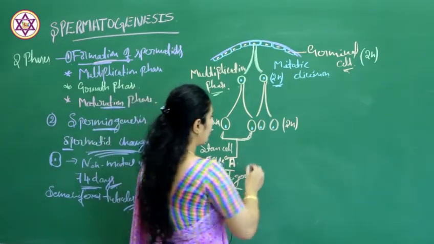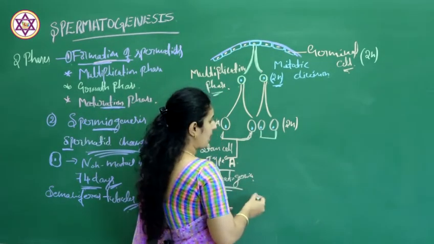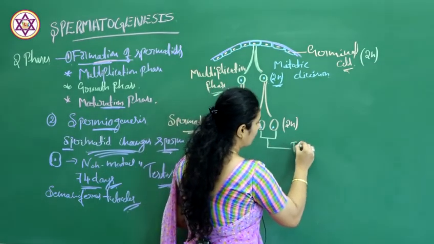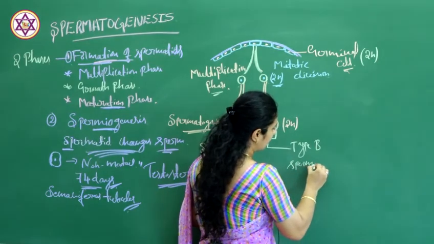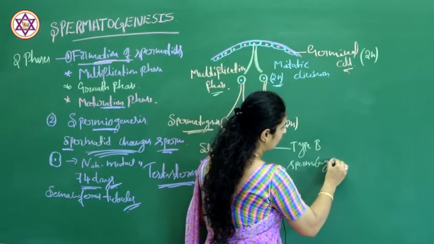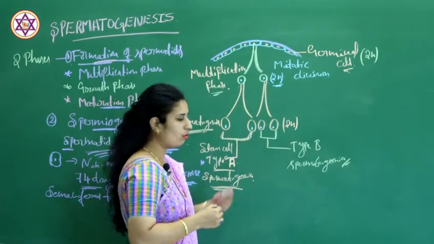And the remaining spermatogonia are called type B spermatogonia.